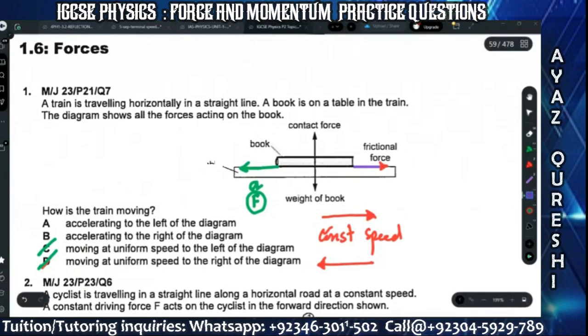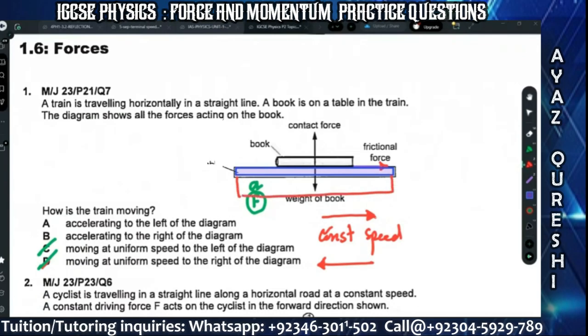Just consider that the table is part of the train. The table is fixed with the train, is it? Yes. Okay, so if the table is fixed with the train, just consider that this is the train. So when it will be moving forward this way, then what will happen?